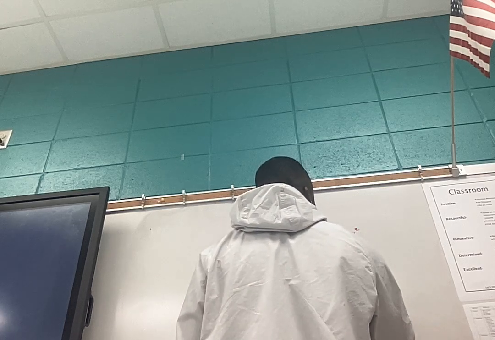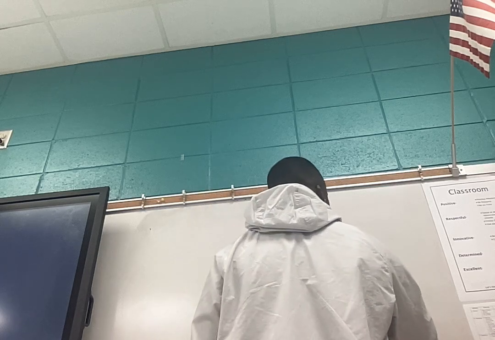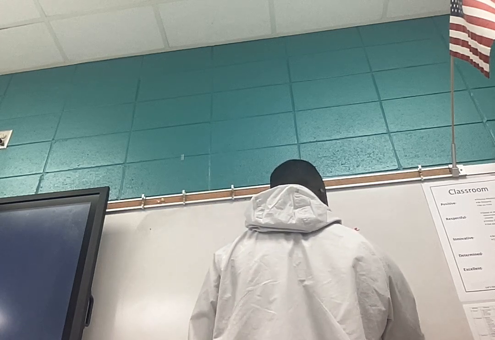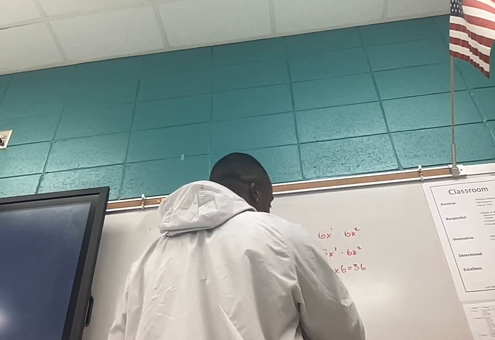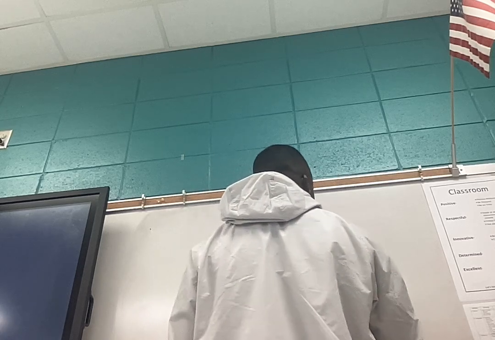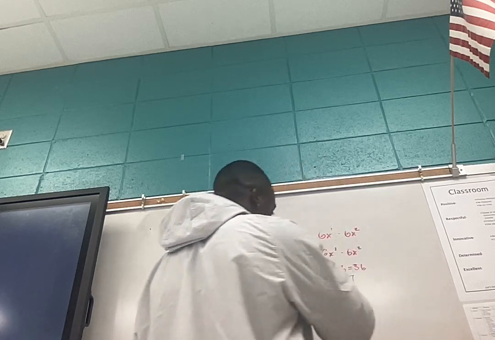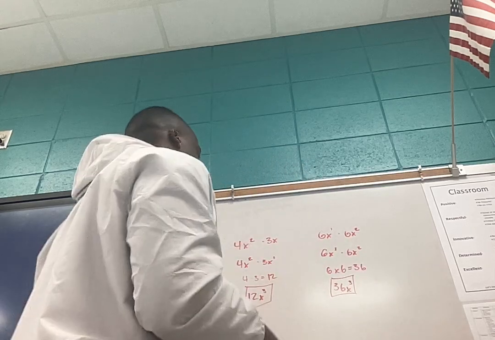So we want to do 6 times 6 equals 36. So bring 36 down. Then what happens to my x, my variable? You bring it down. And then you add 1 plus 2, and that's 3. So my final answer is going to be 36x to the third power.